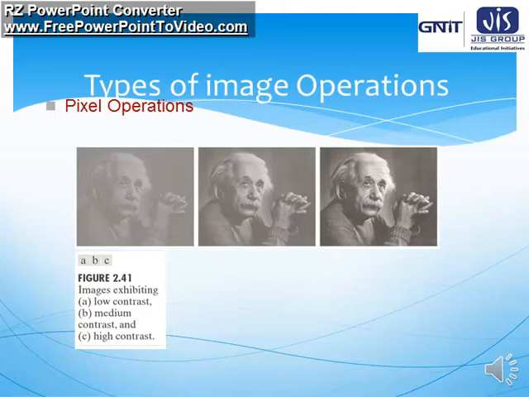These three images have different visual looks: the low contrast image is not so clear, but if we enhance or stretch the contrast, the quality of the image gets better and better. So this is one type of operation where pixel to pixel comparison is done, and that's why it is known as pixel operations.